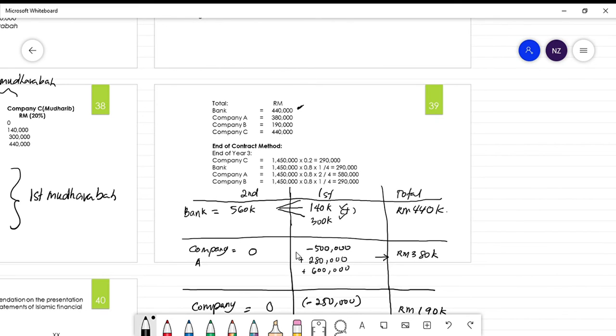dekat dalam kotak ni. Then awak pun buat allocate the profit at the end of the contract method. So sebabkan dia at the end of the contract method, which is on year 3 lah. Jadi kan kontraknya 3 tahun. Kan? Kalau at the end is tahun ketiga lah kan.